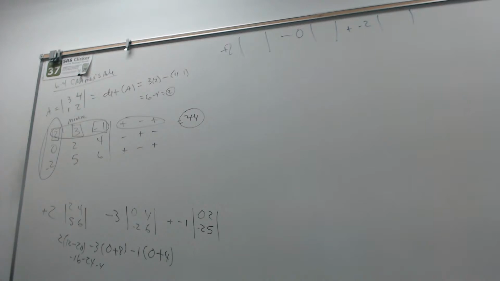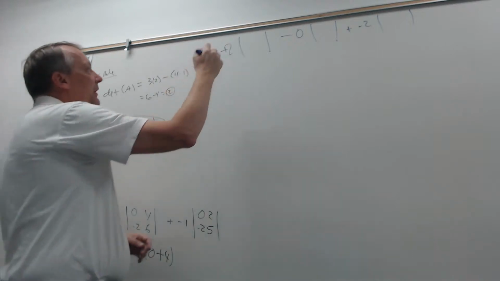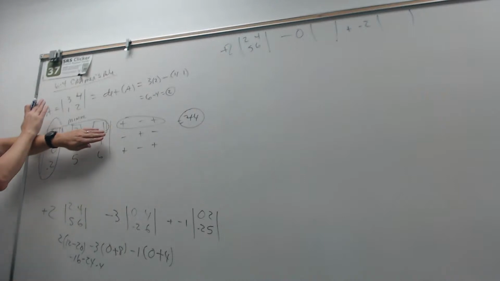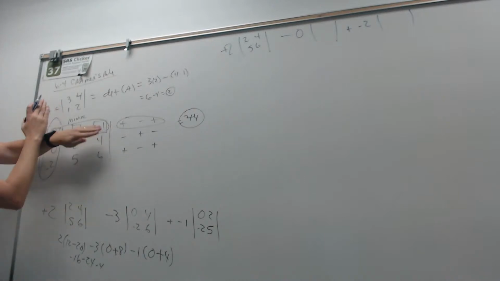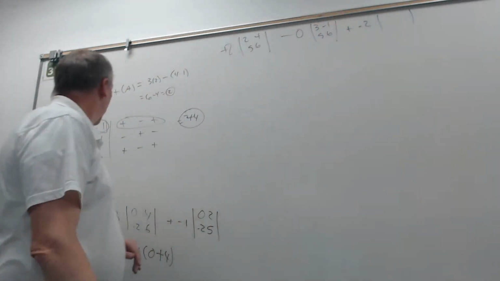All right, so now I'm going to do this, right? Yeah. 2, 4, 5, 6. And I'm going to do this. 3, -1, 5, and 6.